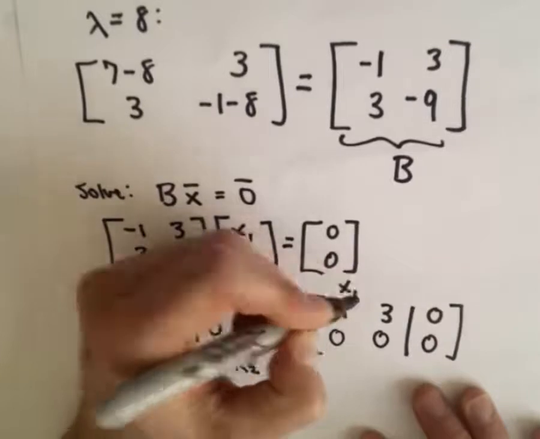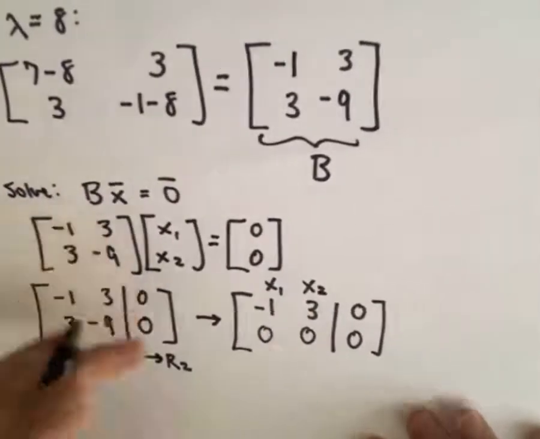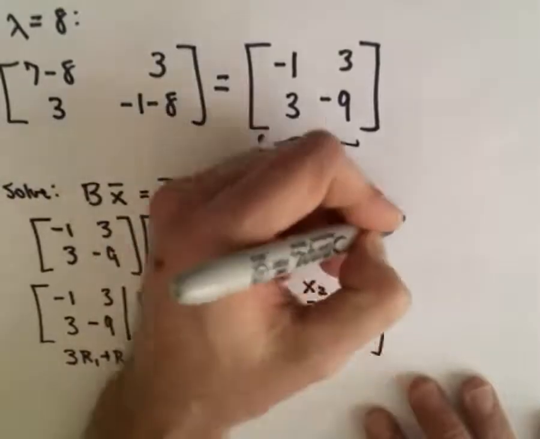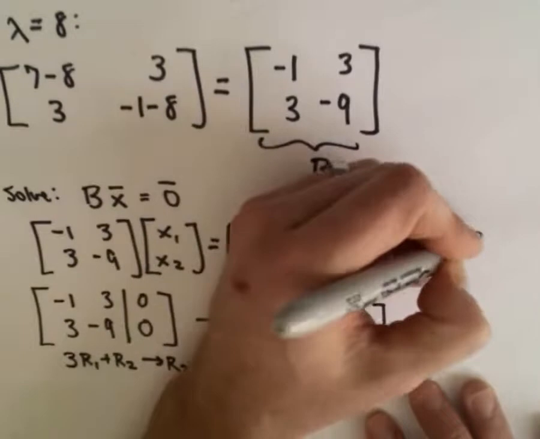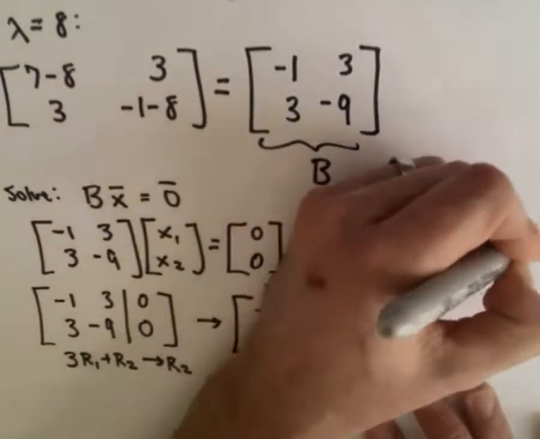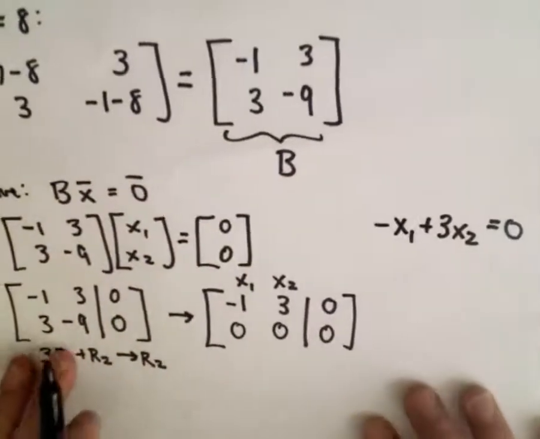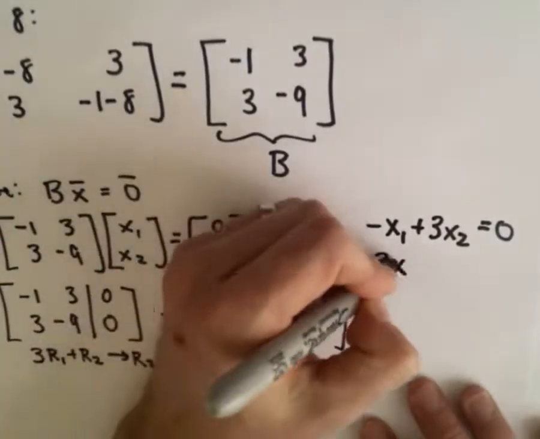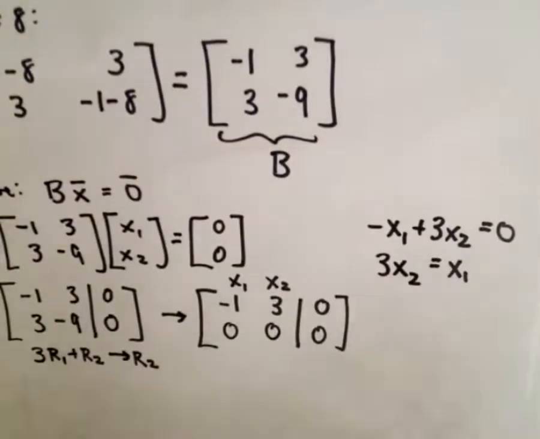So again, this is now going to correspond to x1 and x2. So that gives us our relationship. It says that negative x1 plus 3 times x2 equals 0. And we can simply add the x sub 1 over and write that as 3 times x sub 2 equals x sub 1. And now all you have to do is just pick some values.